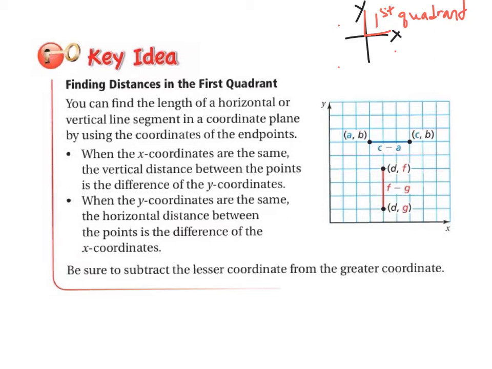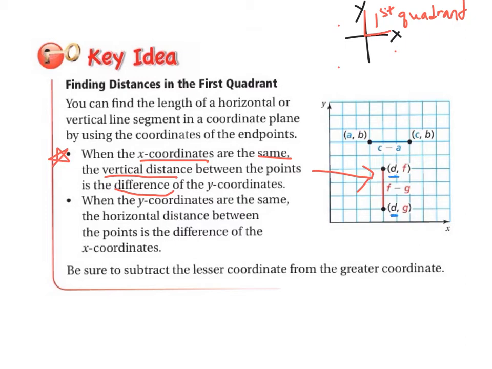So when we're there, you can notice that there are a couple of patterns to watch for. One pattern here is that when x coordinates are the same, then you can actually find the vertical distance between points by finding the difference or subtracting them. And that is what we have over here. So in this case, you can see that your x coordinates are the same.